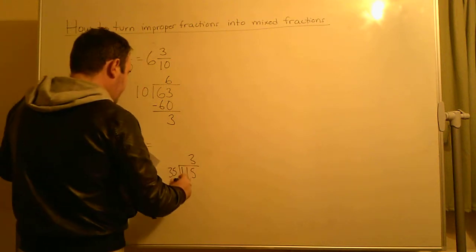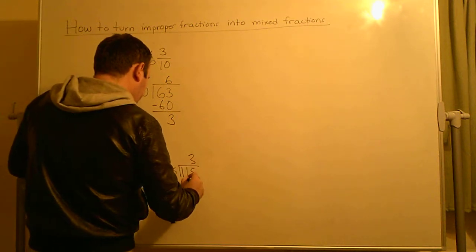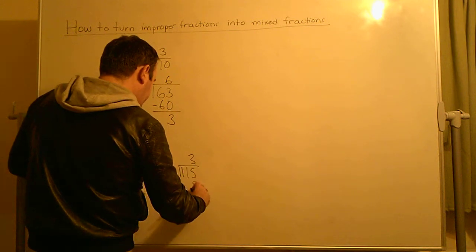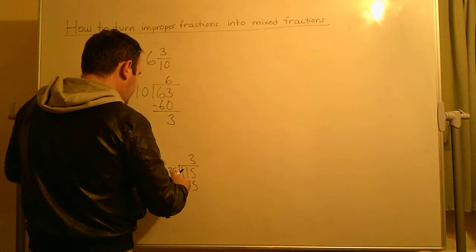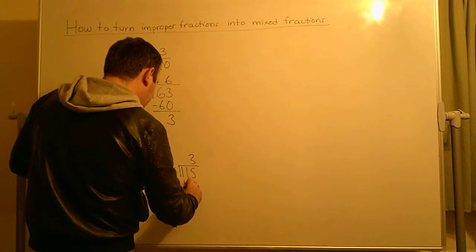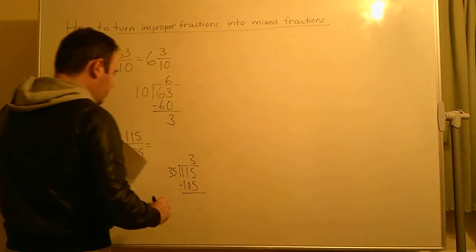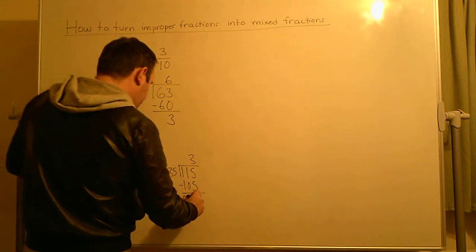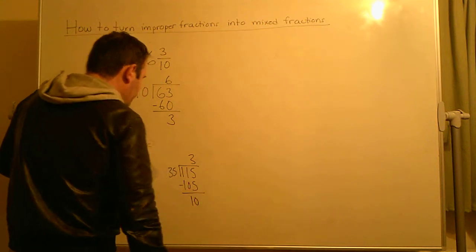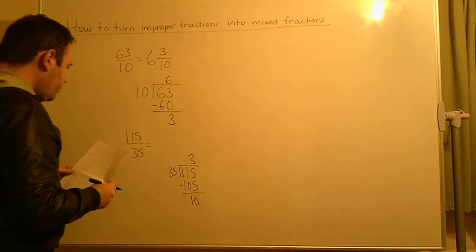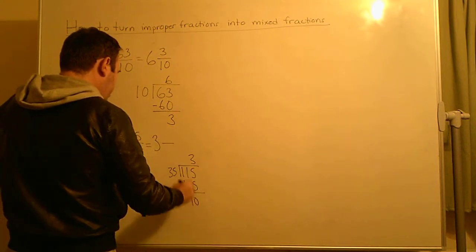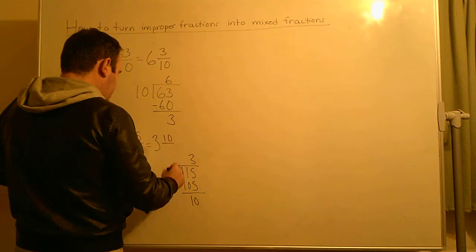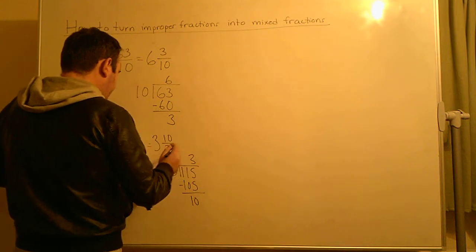Then 3 times 5 is 15, and we carry 1. Then 3 times 3 is 9 plus 1, 10, yeah? And then the remainder would be 10. So we take this 3 and we write it on here. The remainder is 10, and then divided by 35.